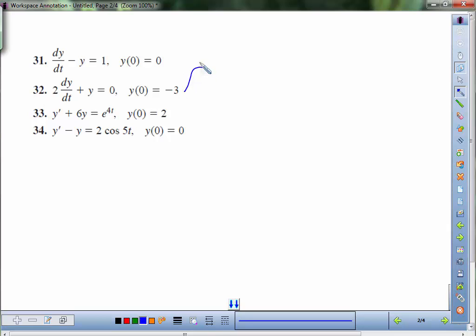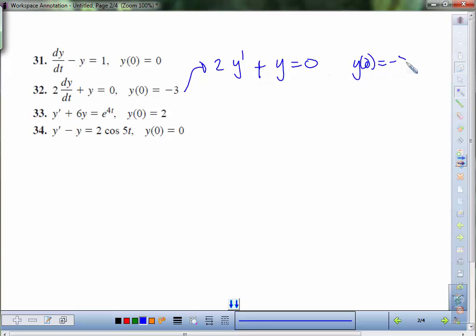32. Let's do 32. All right, so we have a 2 sitting outside, and then we have a dy dx. Let's just call that y prime. I'm just rewriting it. Now this is where I'm going to go into the S world. Because the transformation is a linear transformation, we can break this up into the different sums, and then we can even take the constants out.